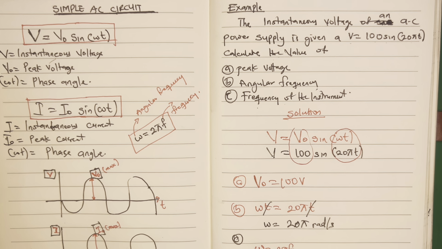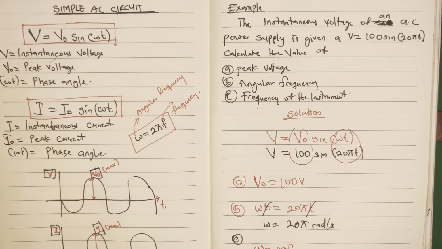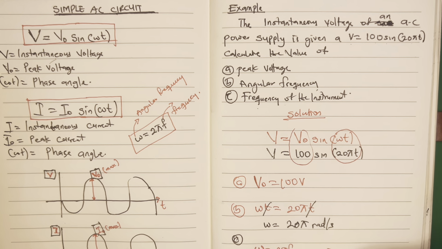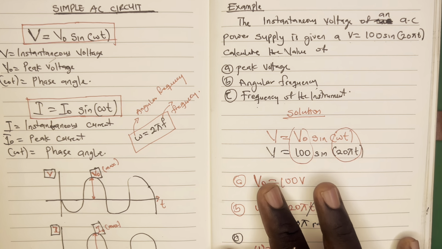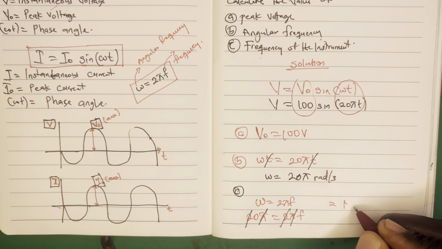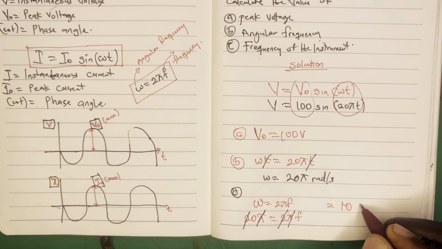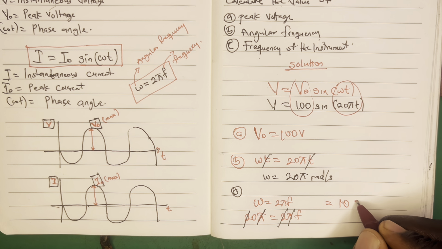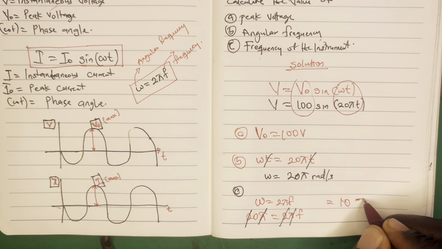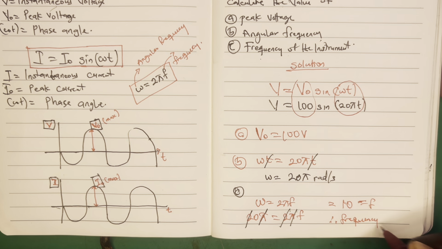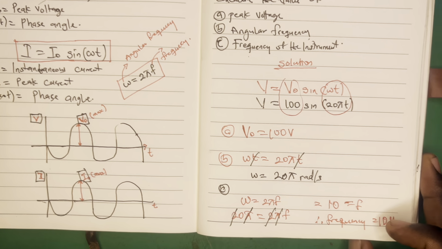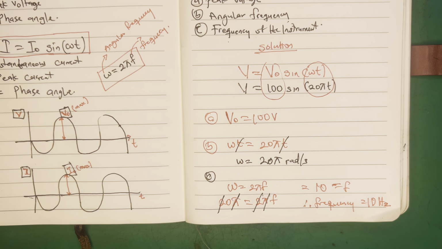Pi cancels pi, and 20 divided by 2 gives 10, so 10 equals f. Therefore the frequency of the instrument equals 10 Hz. This is the solution to the problem.